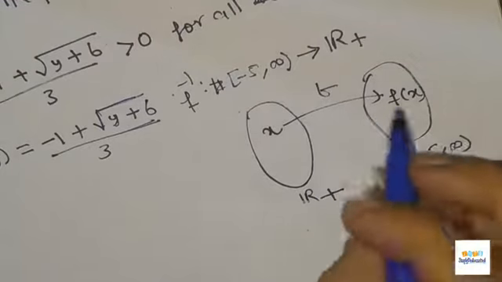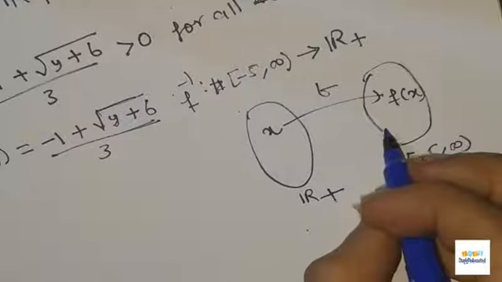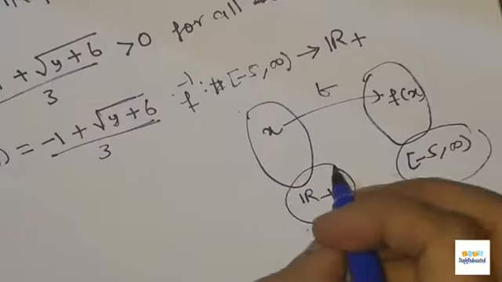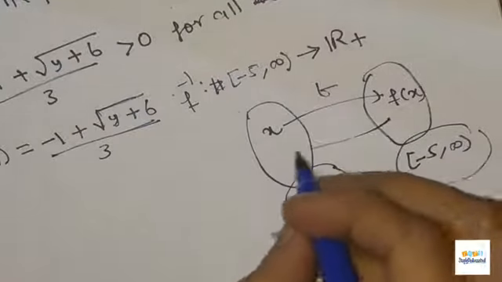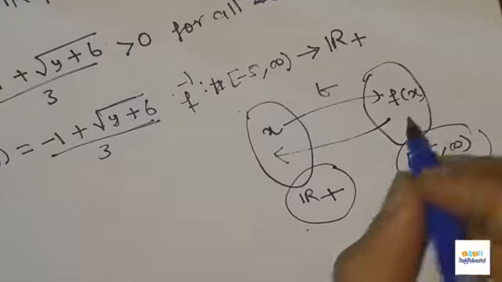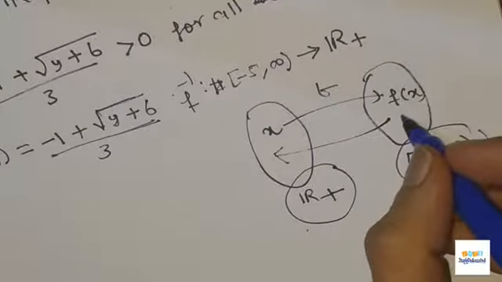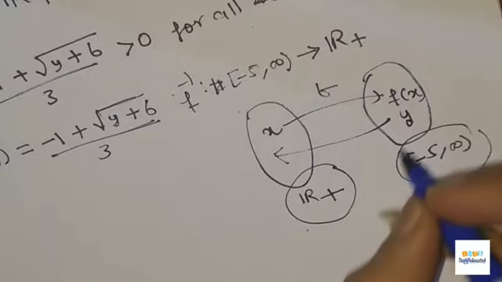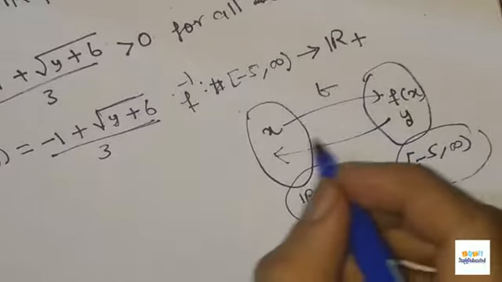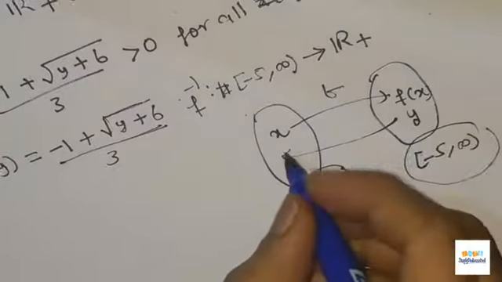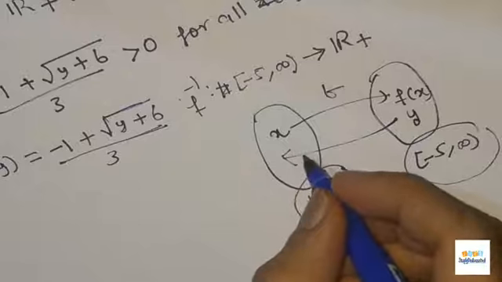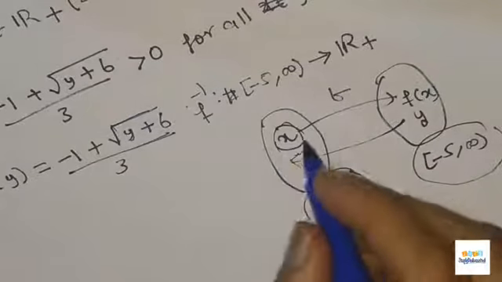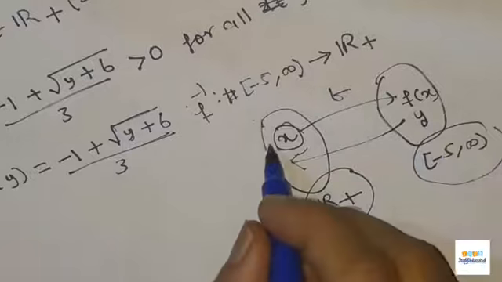Now if we want to find f inverse, we have to go from the range of f to the domain of f. So from here to here you have to go. You know that the elements in the range of f are called y, right? So you have to take y to the value f inverse y, or x.